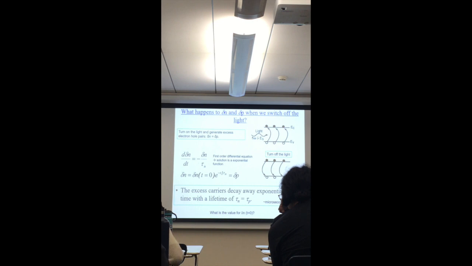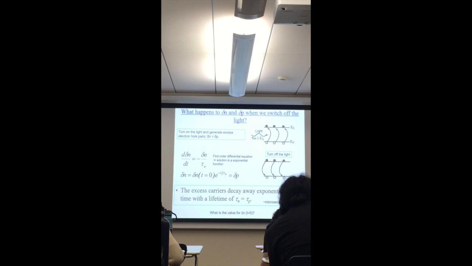We get delta n equals delta n at time equal to 0, the initial value at the moment when we turn off the light, times an exponential term, exponential of minus t over tau n. And delta n will be the same as delta p.